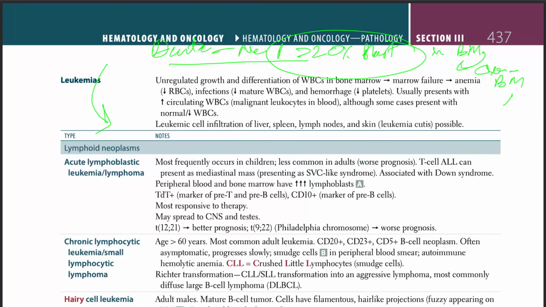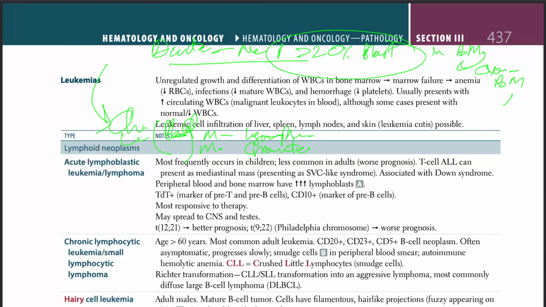Mature meaning they're mature when they're in the blood. So those mature lymphocytes and mature granulocytes, this is all chronic leukemias.